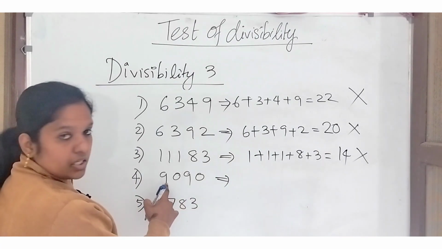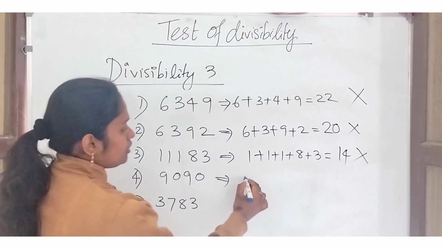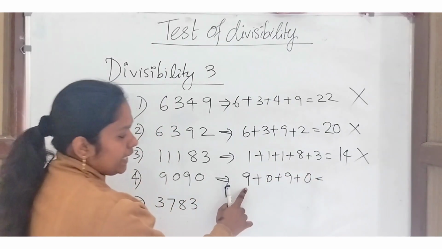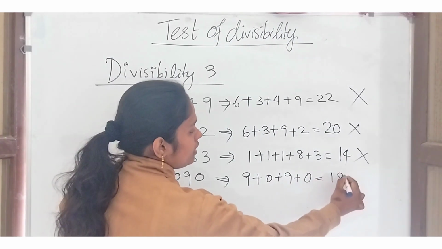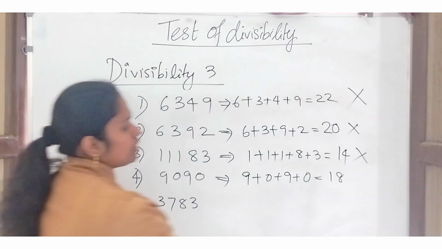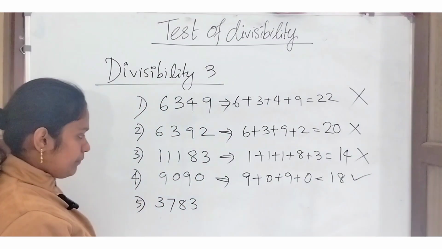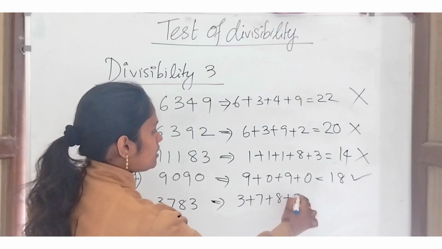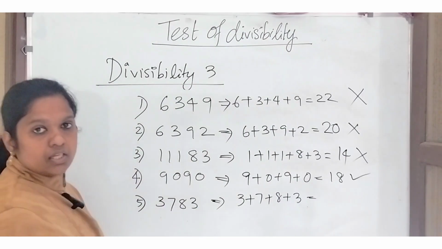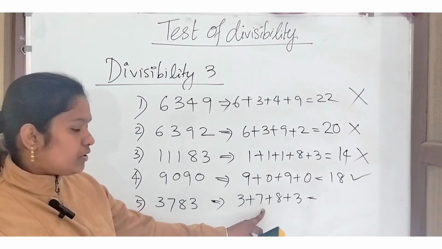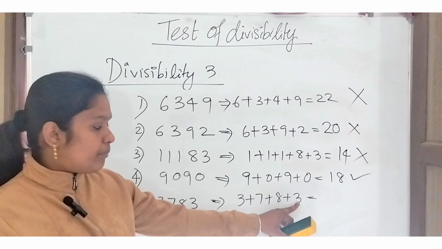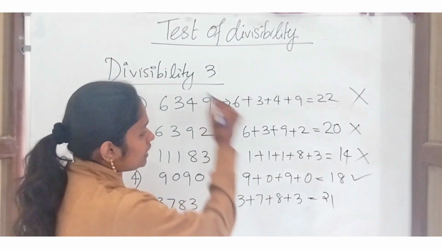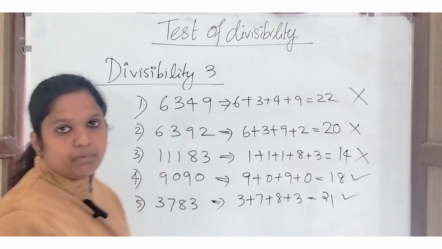Another number is 9019. 9 plus 0 plus 9 plus 0 equals 9 plus 9 equals 18. 18 is divisible by 3, so it is divisible by 3. Another number, 3 plus 7 plus 8 plus 3. 7 plus 3 is equal to 10, plus 8 is 18, plus 3 is equal to 21. 21 is divisible by 3, so this number is divisible by 3.